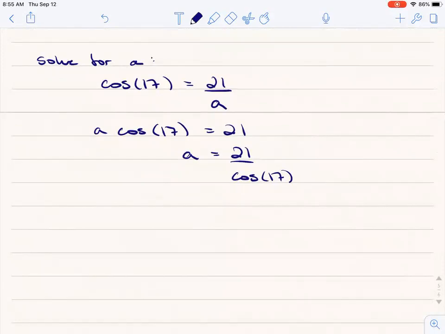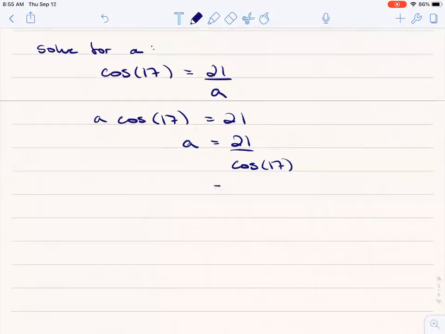Okay. So now we can do 21 divided by the cos of 17, which is approximately 21.95952689. Okay. I would hold off on rounding for a little bit. In fact, I'm not going to round at all just now, also because I want to be able to check my answers.